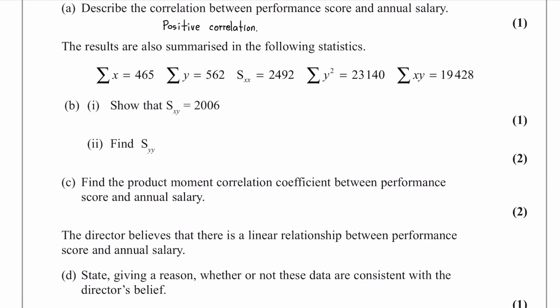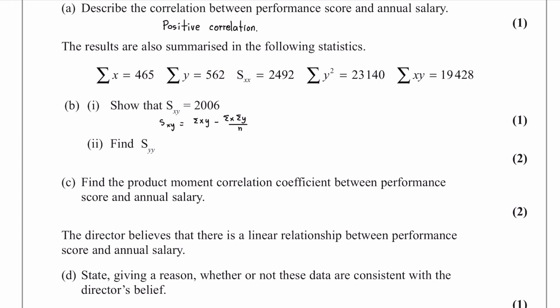The results are also summarized in the following statistics. We have to show Sxy. So first of all, we write down the formula of Sxy. Sxy is summation xy minus summation x times summation y divided by n.